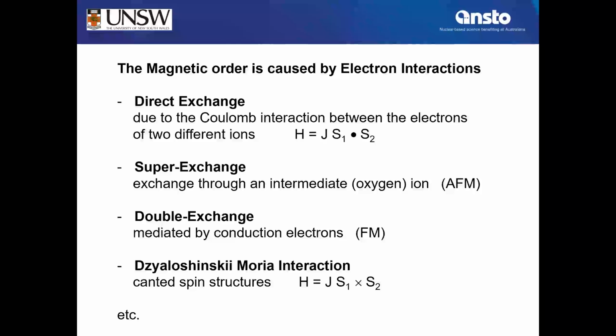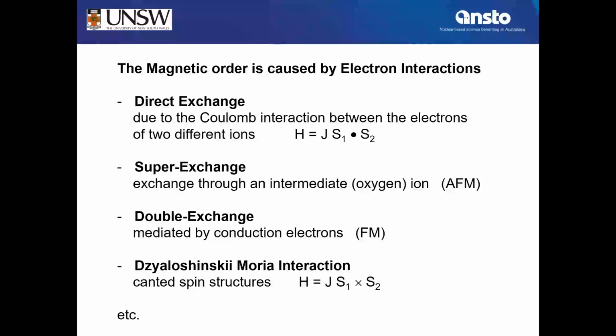So in simple words, you have, let's say, an iron here, oxygen, iron. One iron spin can hop onto the oxygen p orbitals, and on the other side, it kicks out another electron with a spin component down, and that actually motivates an antiferromagnetic coupling.